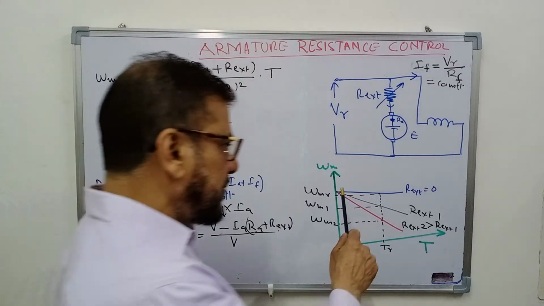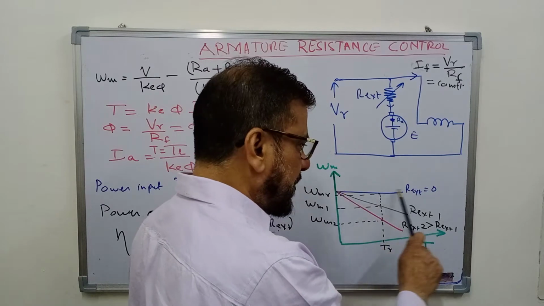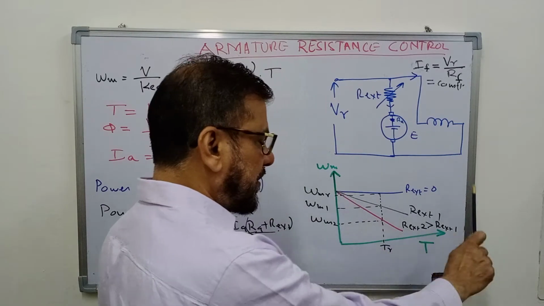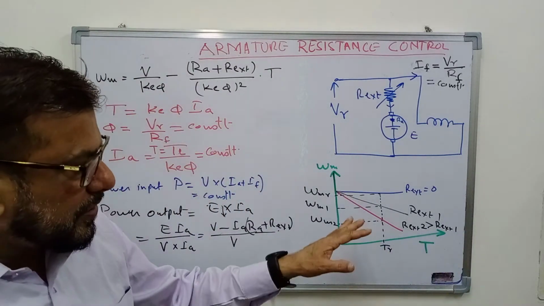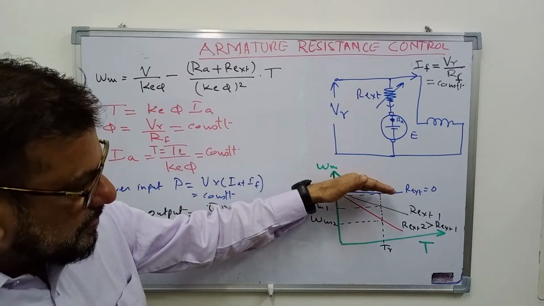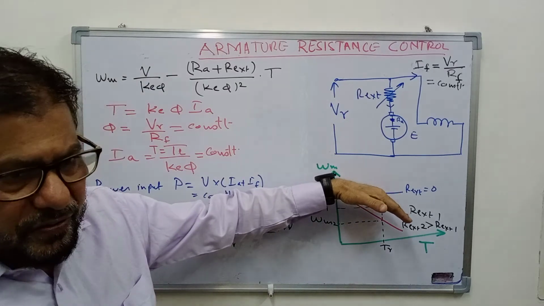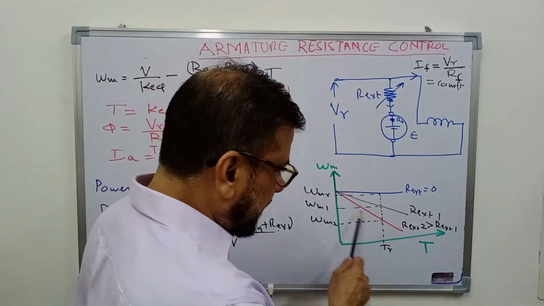So as we increase our resistance in the armature circuit, the slope will increase. So the characteristics of the DC motor, which was the natural characteristics for no external resistance, if you increase the resistance there, the slope will increase and the characteristic will change like this.